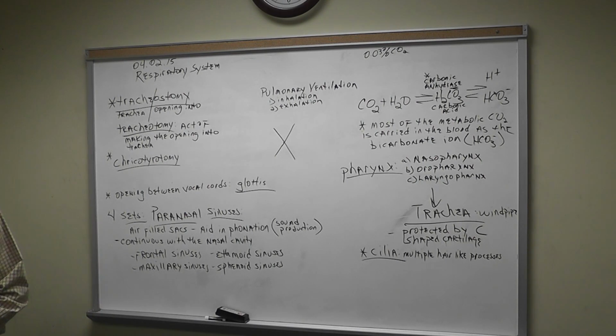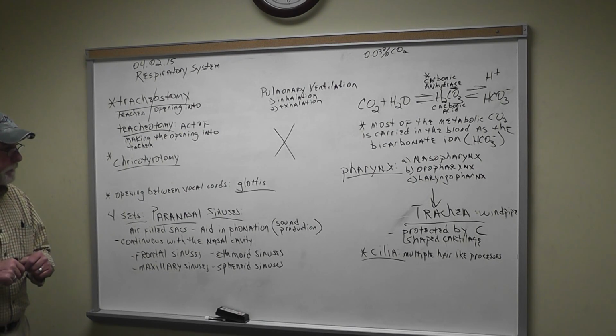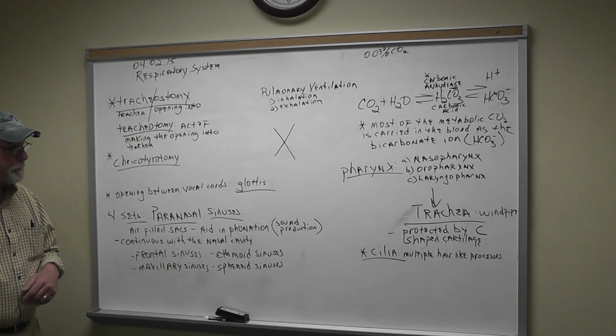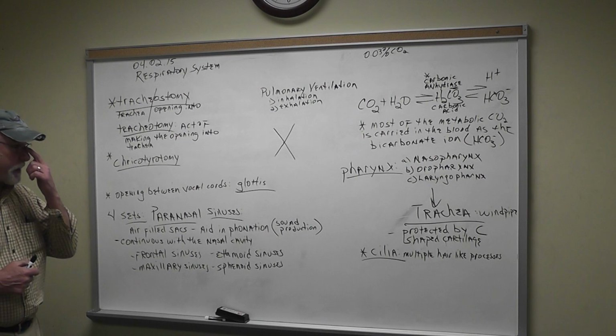Again, don't worry about the difference between the true vocal cords and the false vocal cords. But know that we do produce sound by forcing air through there. It happened to both of us when we were teenagers, under the influence of testosterone.